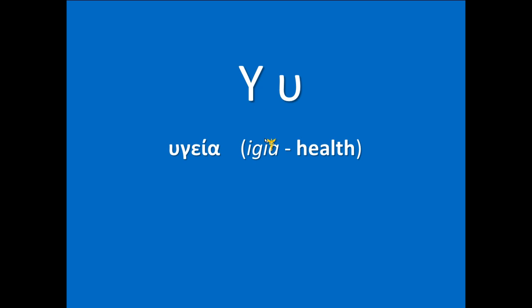Another word that starts with the letter Epsilon is υγρό. That means liquid. The letter Epsilon is pronounced E, as we said before, like the word is. The letter Epsilon is written like this. The capital one, we write it like this.